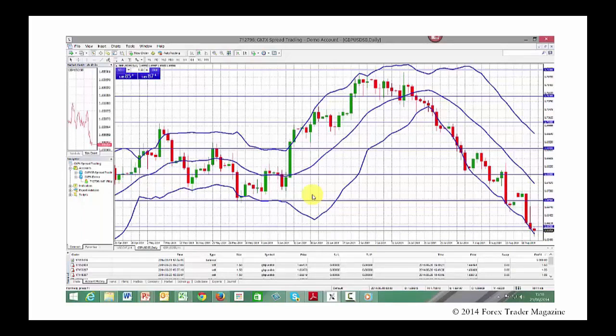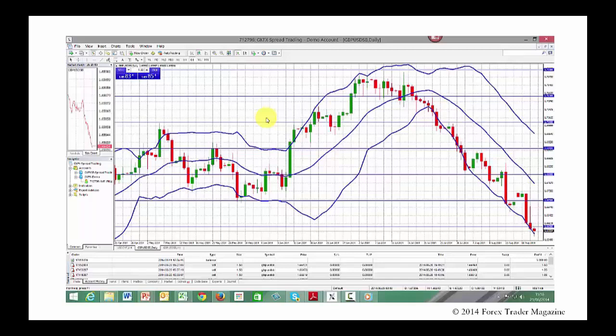Now, the lines were invented by a guy called John Bollinger, and he's still around and still practicing. And I've read his work extensively, and I can tell you that it is very good, but he doesn't use these bands in the same way that I do at all. And the way I use them is going to appear very straightforward and simple compared to what he actually does.